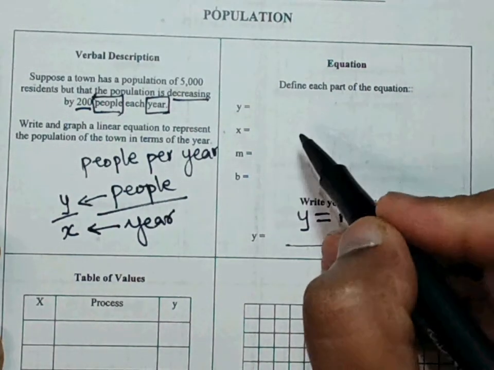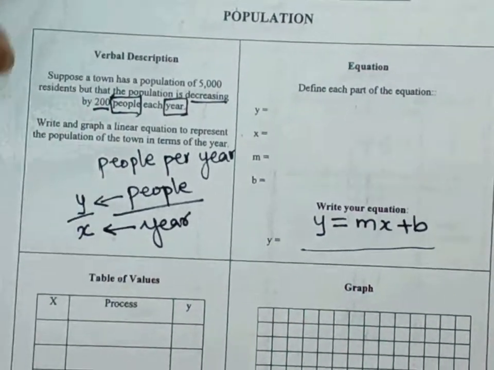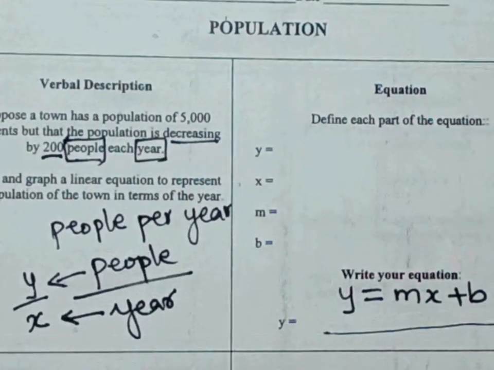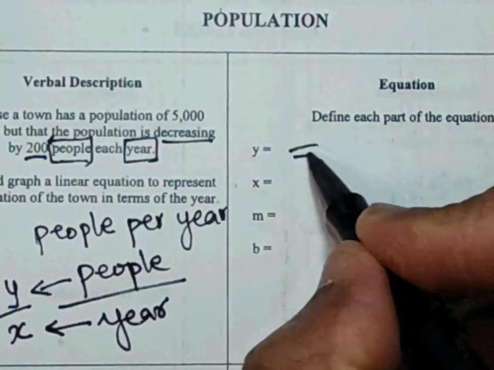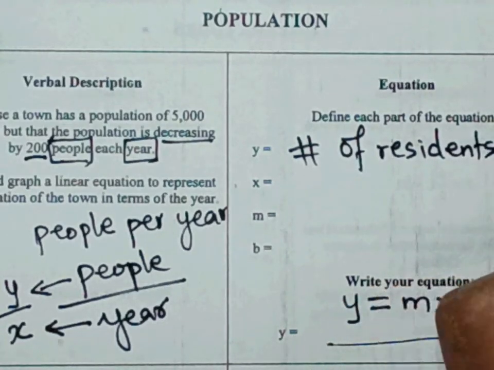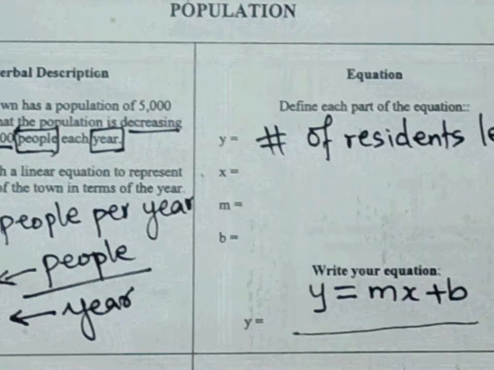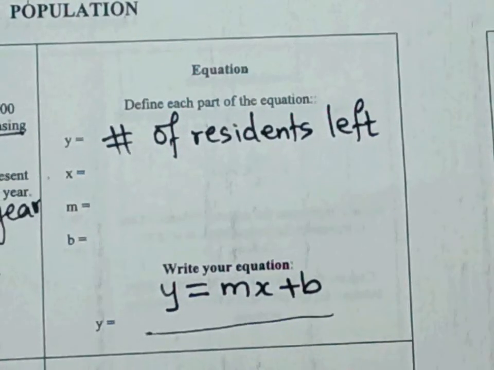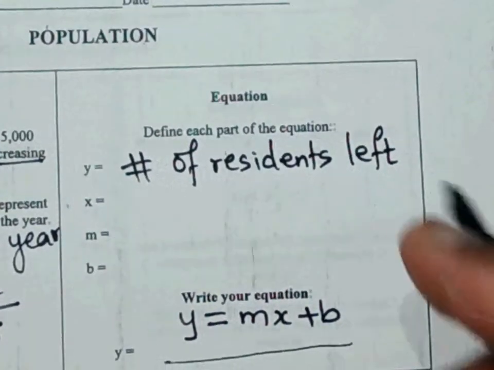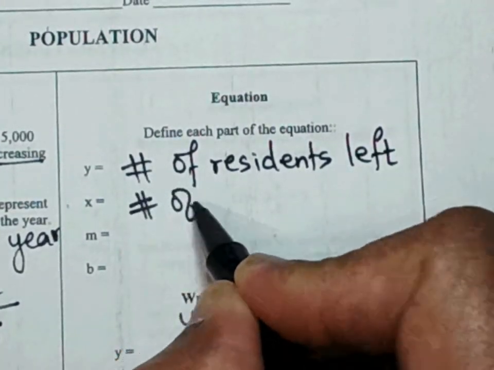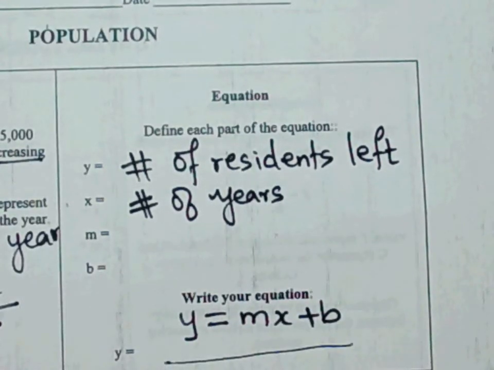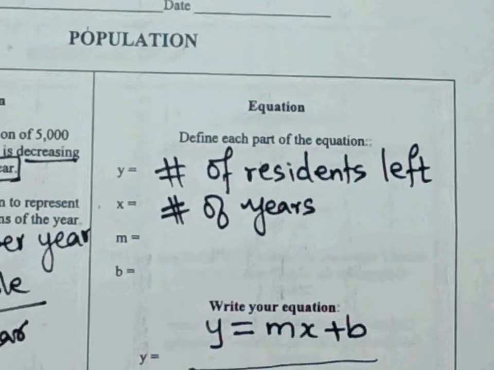Okay, so I'm going to use this information. Let y be the number of residents left, and let x be the number of years they lived there, since the time we started counting, or since the time we started taking the data.